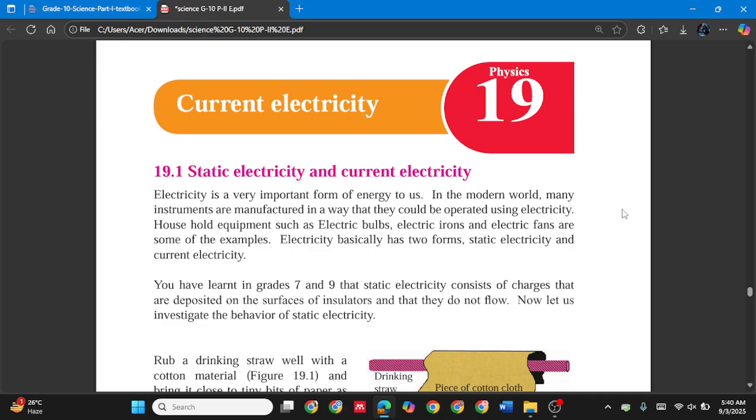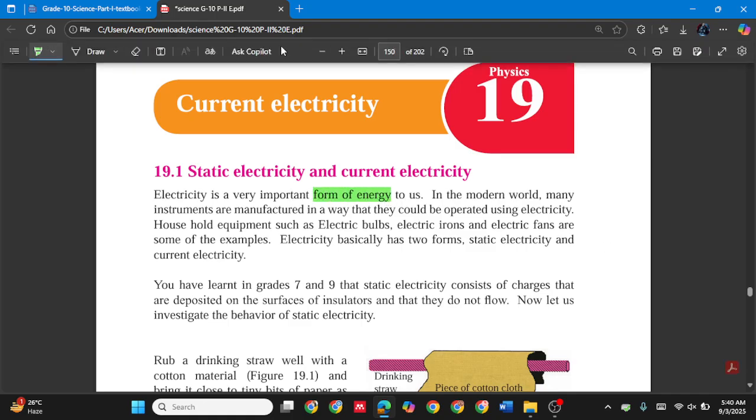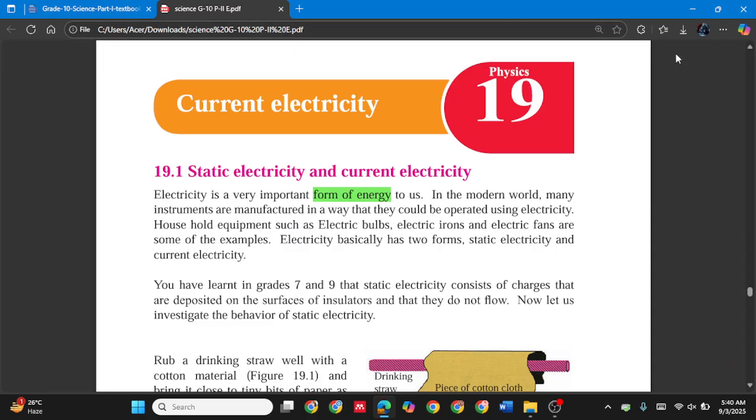Electricity is a very important form of energy to us. So a form of energy. In the modern world, many instruments are manufactured in a way that they could be operated using electricity. Is that true?